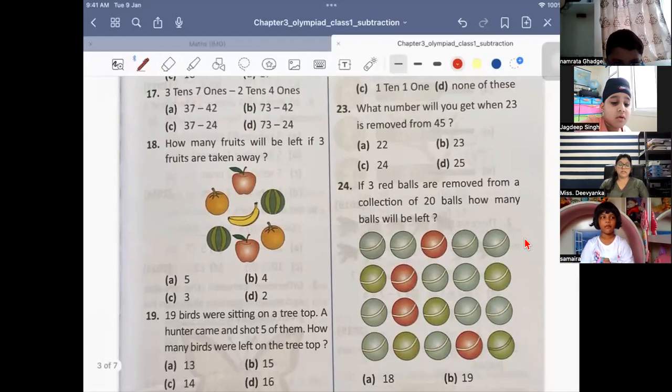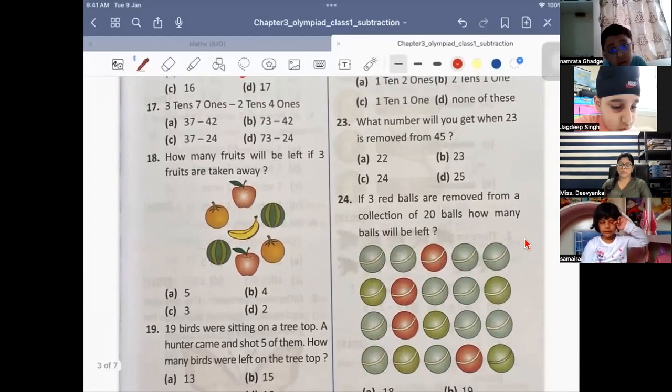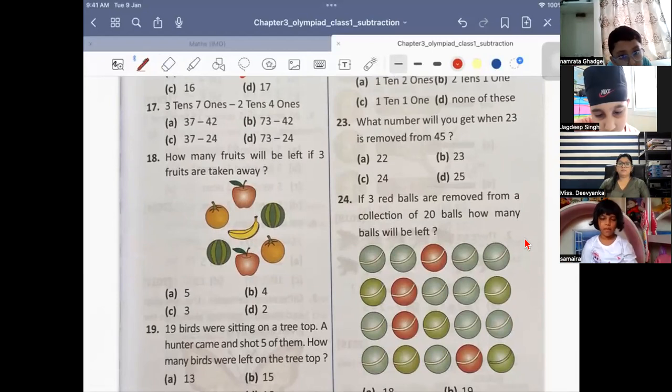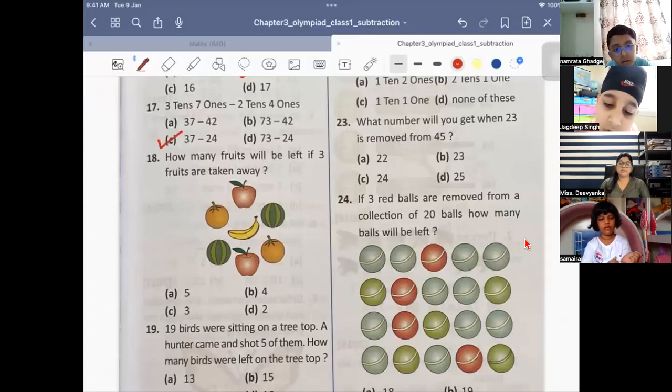Number 17. 3 tens and 7 ones minus 2 tens and 4 ones. What is the correct equation which matches that? Option C, ma'am. Is that correct? Everybody else?